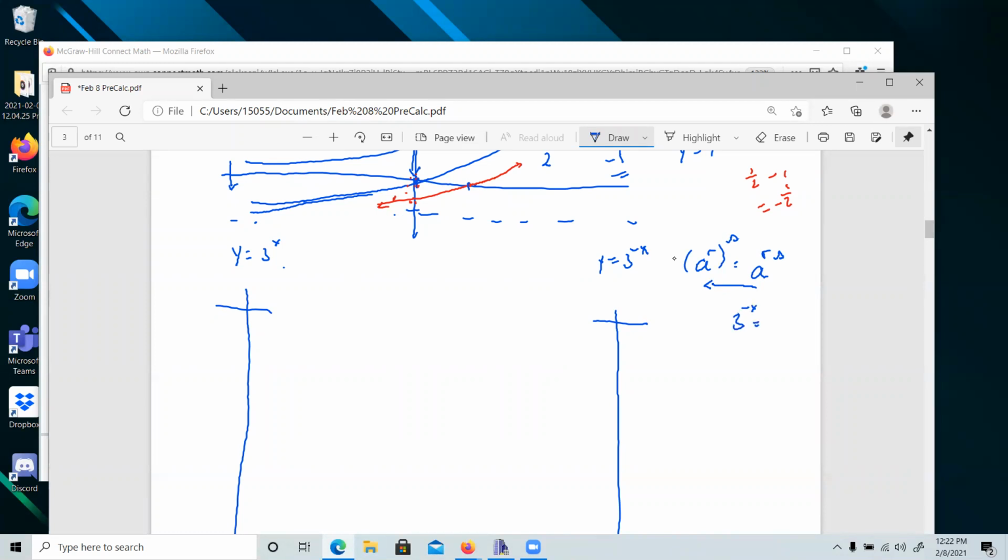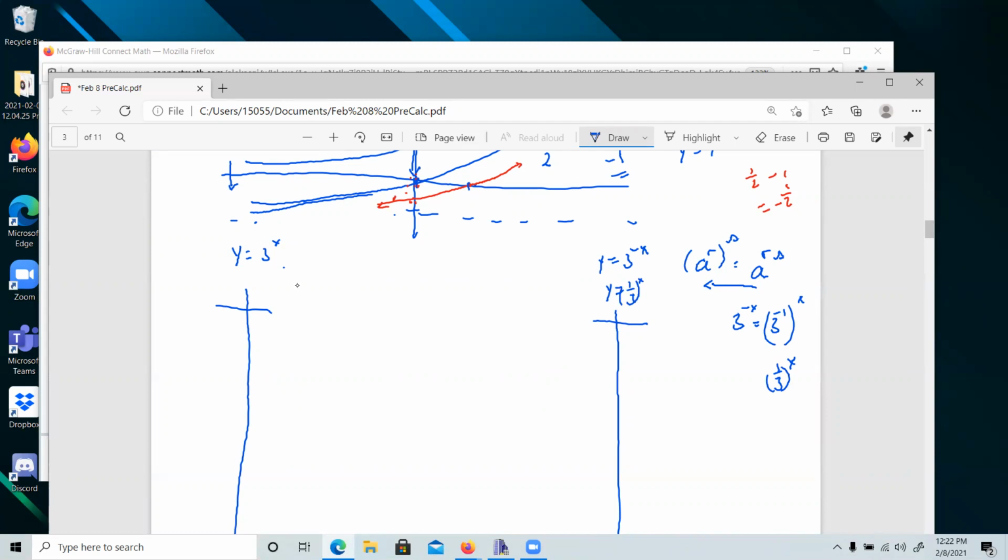We can say that this is 3 to the -1 raised to the x. All right, so this is 1/3 to the x. That's what this negative in the exponent does. So really this is the same as 1/3 raised to the x.